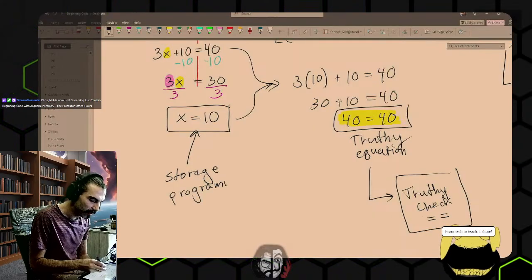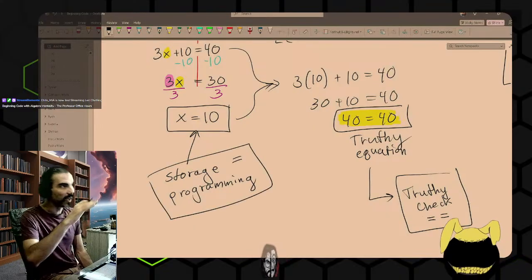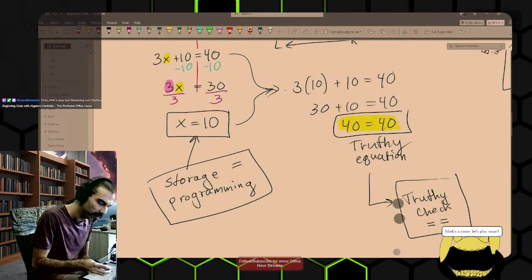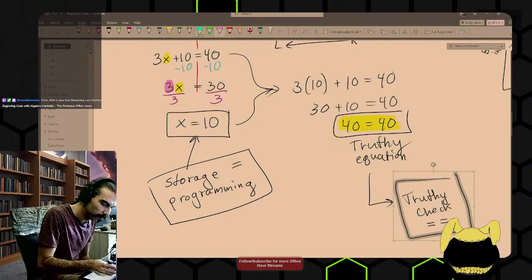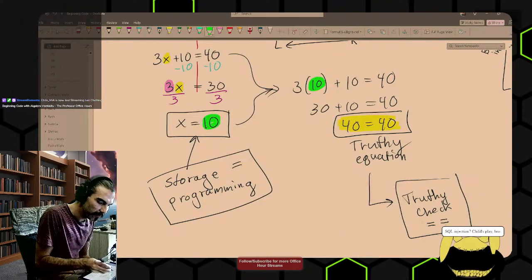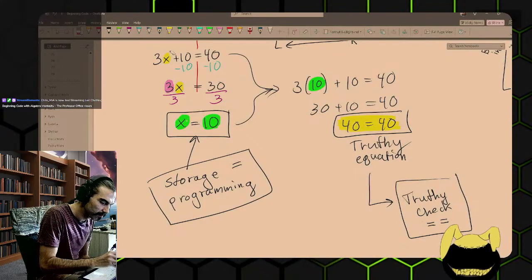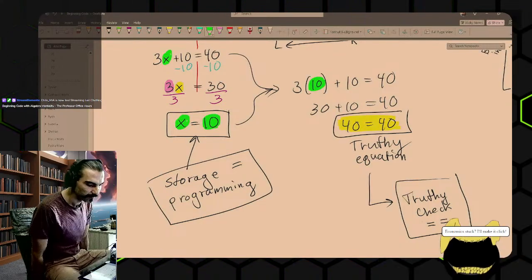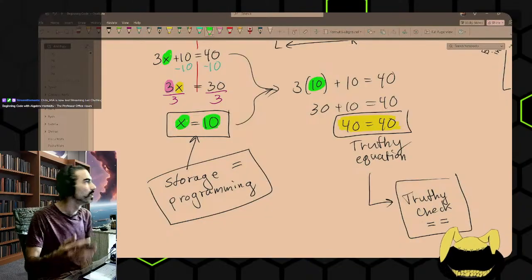When we have a single equal sign, we're essentially stating that x equals 10, meaning that x is 10. End of story. Anywhere we use 10, like we did over here, will be in reference to what x is. And we found out that x is 10 as we did our algebra to get there. So a single equal sign in programming is just a reference to storage.